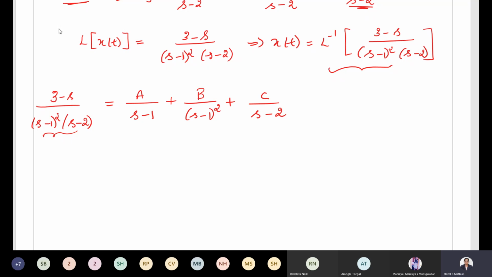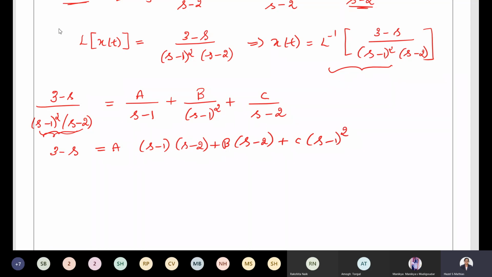Now multiply the entire expression by the denominator. So 3 minus s is equal to a into s minus 1 into s minus 2, plus b into s minus 2, plus c into s minus 1 the whole square.